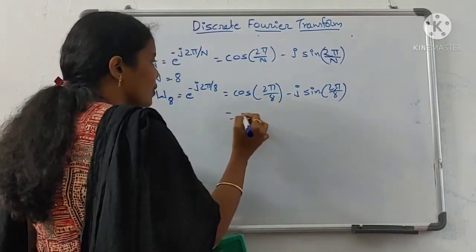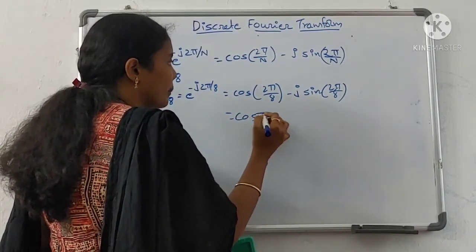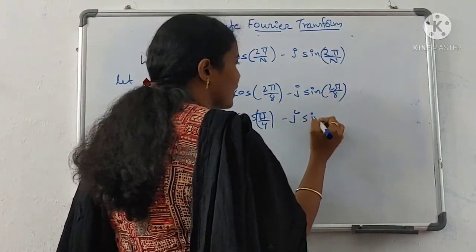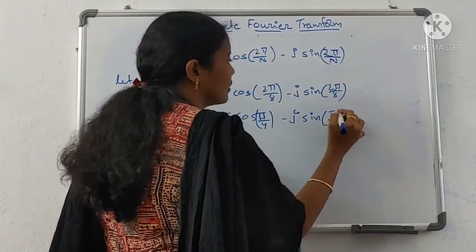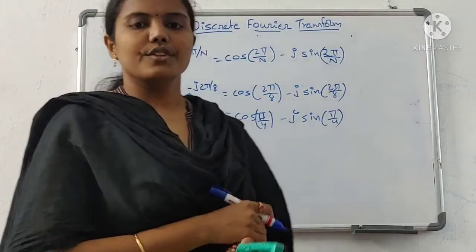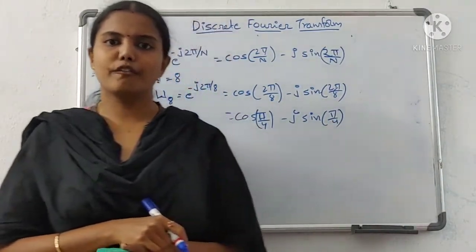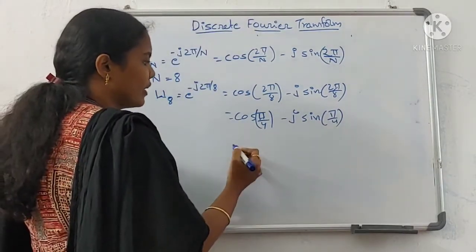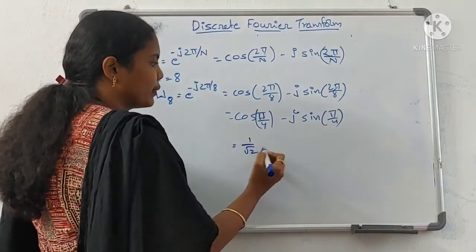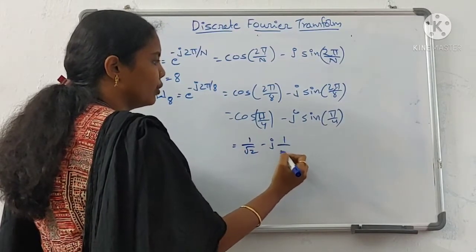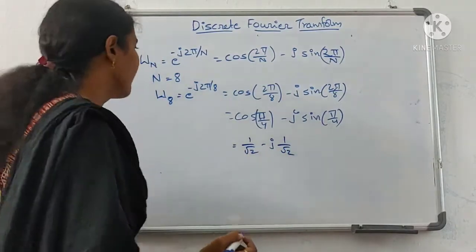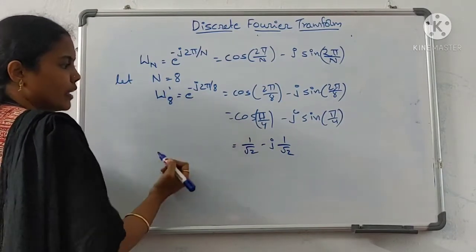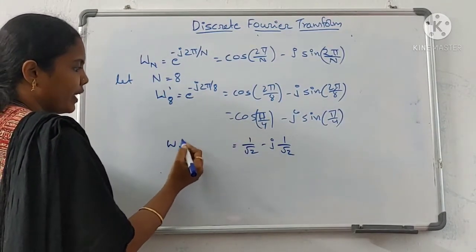So cos pi by 4 minus j sine pi by 4. The value of cos pi by 4 is 1 by root 2, so this is 1 by root 2 minus j into 1 by root 2. That means here the suffix is 1, that is W8 power 1.